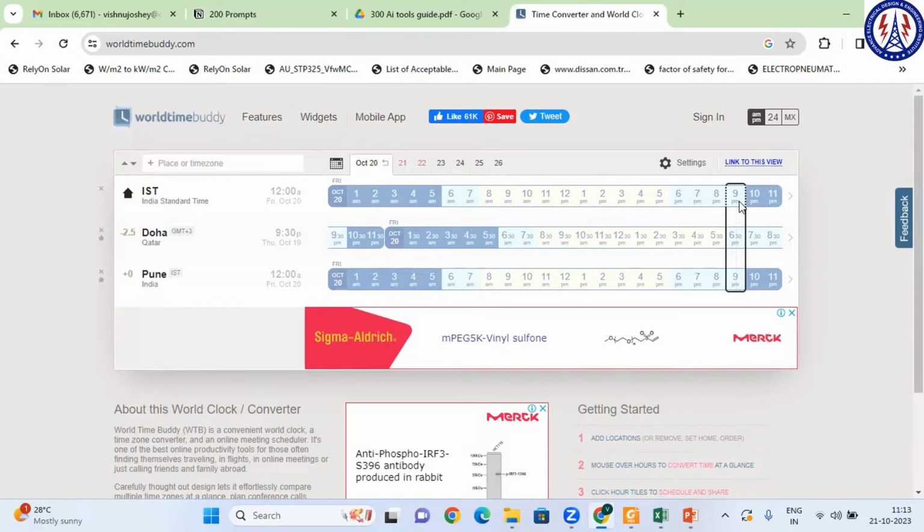Yeah, we can plan for, let's say, somewhere around 7 p.m. at your location on Friday evening. 7 p.m.? We cannot make it in the morning? In the morning we have work, so I need to leave for the office.